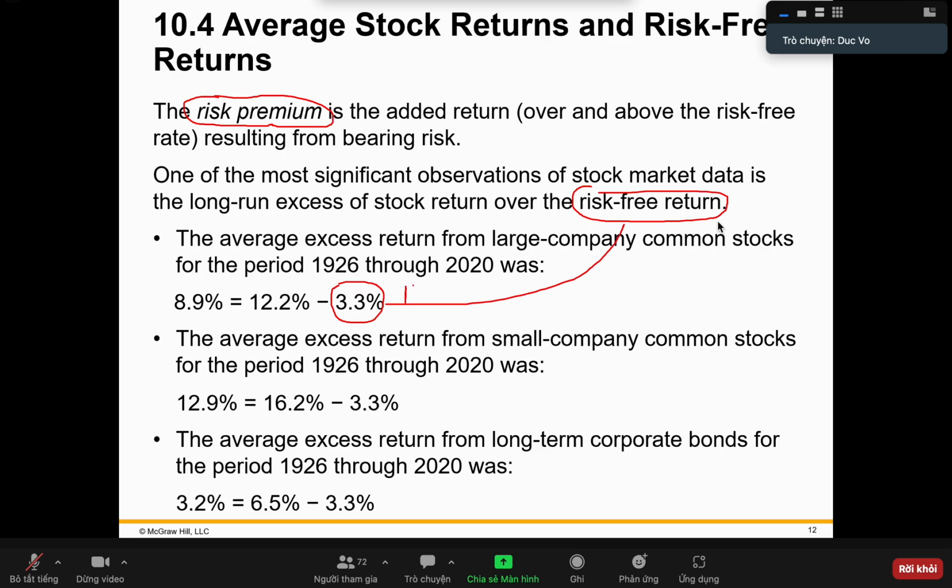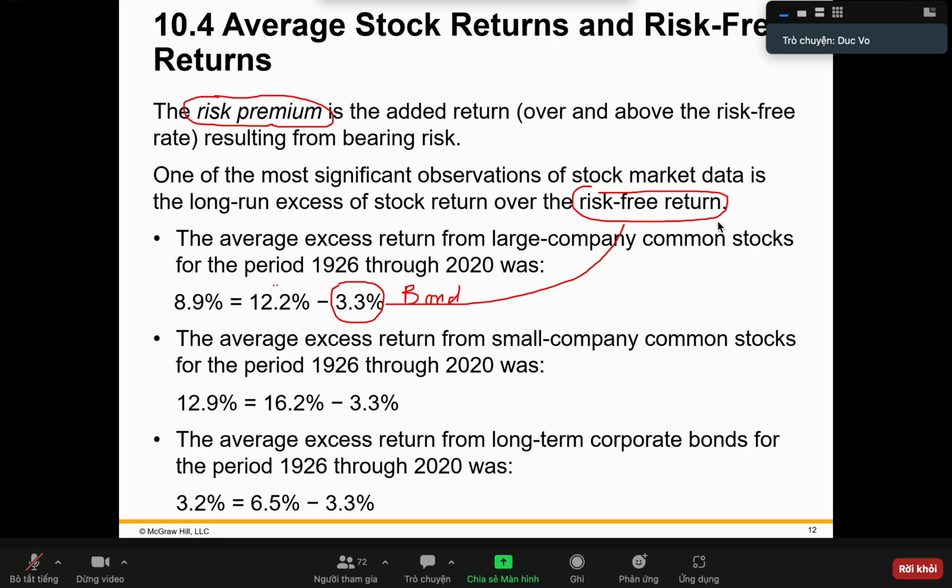Why do I call this risk-free? Because there is no risk at all. The government guarantees to pay you back, and because they're government, they should have money. They never go bankrupt. So that is why when you buy the bond issued by the government, you get the risk-free return because there is no risk at all, right?